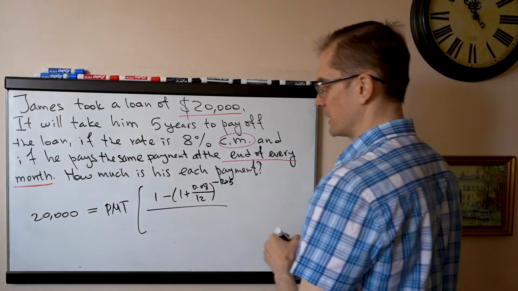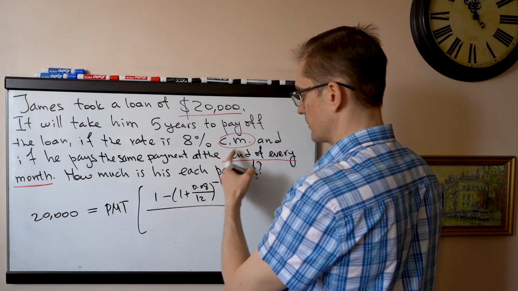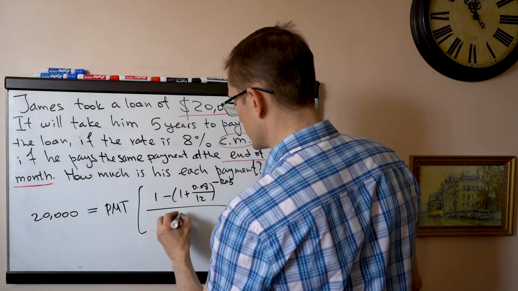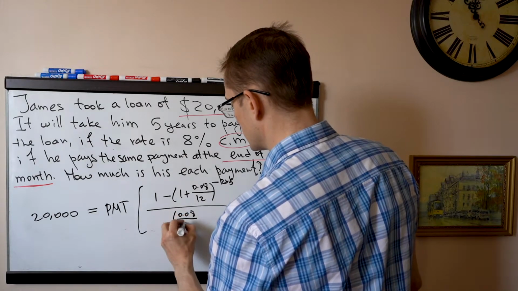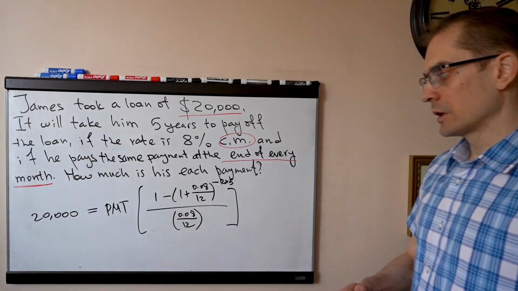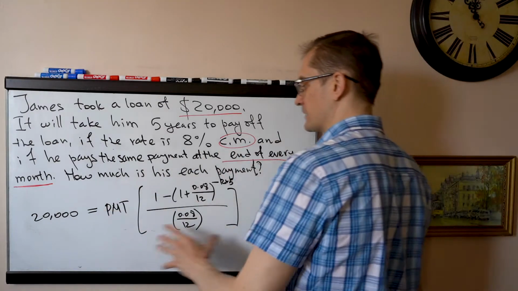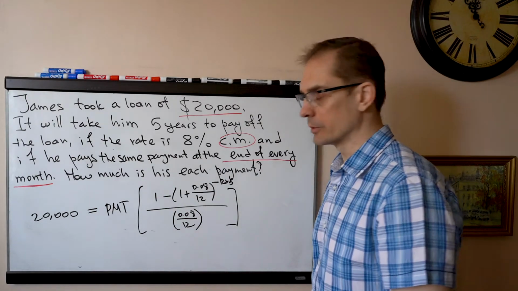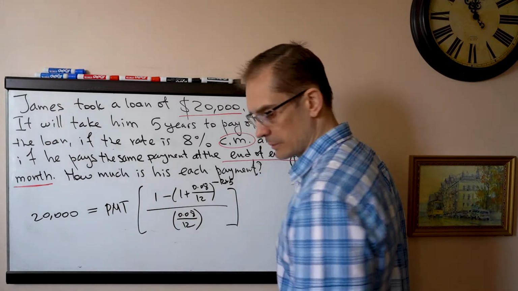Minus 12 times 5 because that's payments made every month for 5 years, and we also divide by 0.08 divided by 12. Now we just wrote down here the formula for present value of an ordinary simple annuity. Now we need to find PMT.